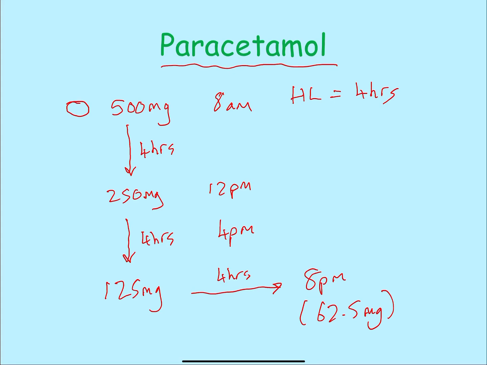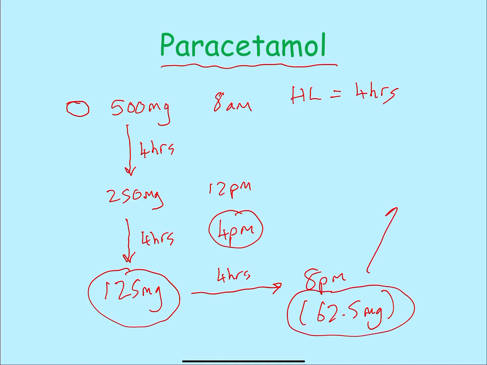So you see these people that take numerous tablets per day, you may take another one at 4 PM, but you've already actually got 125 milligrams in your body. 8 PM you've got 62.5, and then another 4 hours, say at midnight, 12 AM, you've got half of 62.5, which is 31.25 milligrams. You've still got that amount in your body. So from this you should be able to see how half-life works.